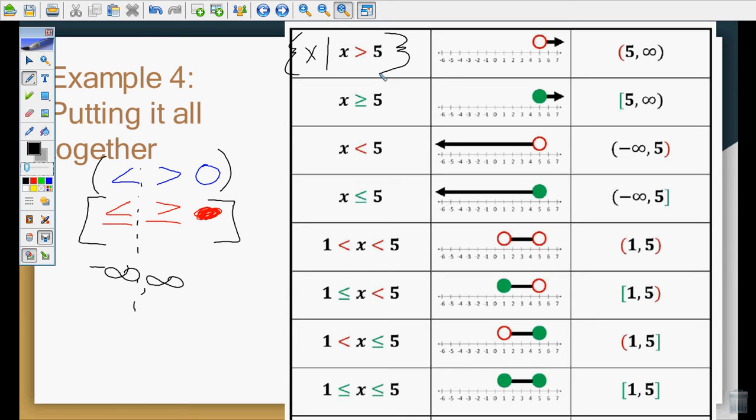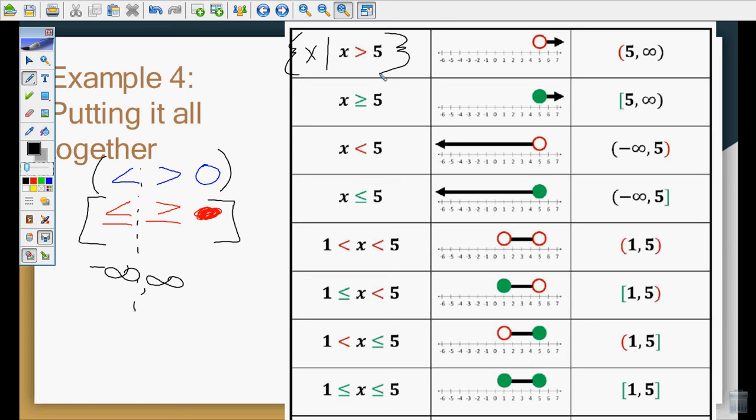I've started at 5, and going to the right, those are positive infinity. So I go from 5 to positive infinity. Open circle means automatically a parenthesis.